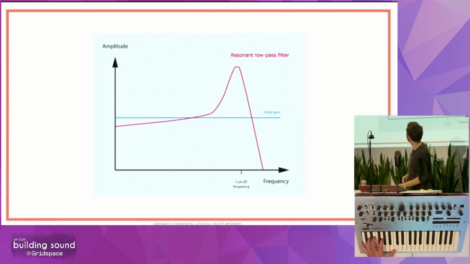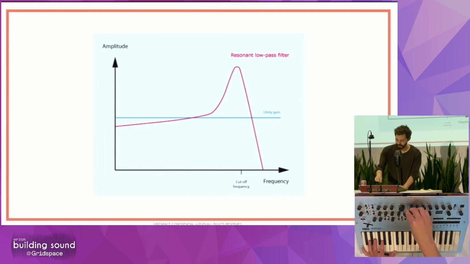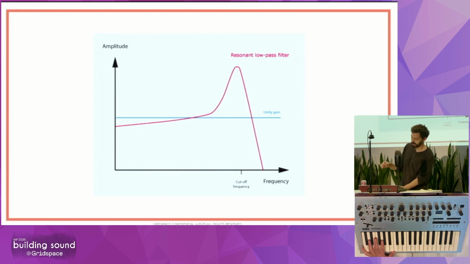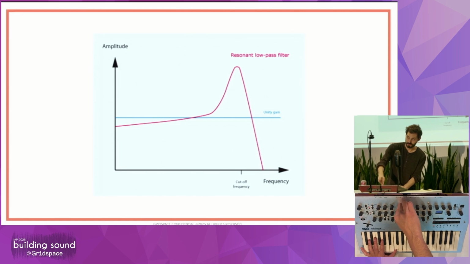So what's going on there is this filter is self-oscillating at that resonant frequency. And when I change the cutoff frequency of the filter, it's changing the pitch. And so you get that cool kind of like R2-D2 sound, basically.